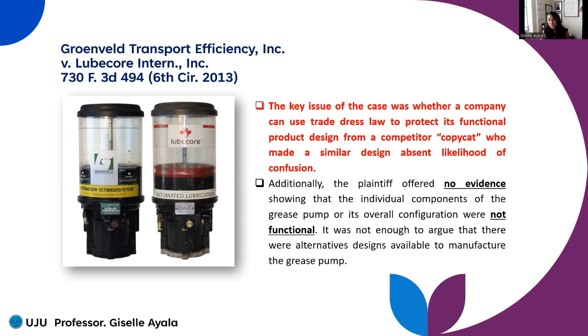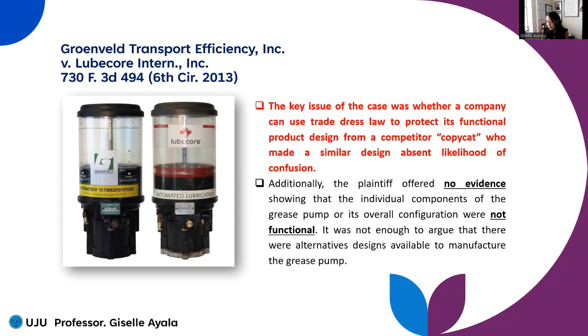The issue was, in this case, whether a company may use trade dress law to protect a functional product design from a competitor, a copycat, who made a similar design, but there is no likelihood of confusion. So here the court noted that there was evidence of what the considerations were when Groeneveld designed its own grease pump.